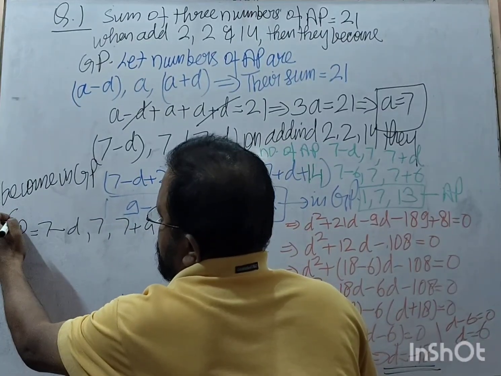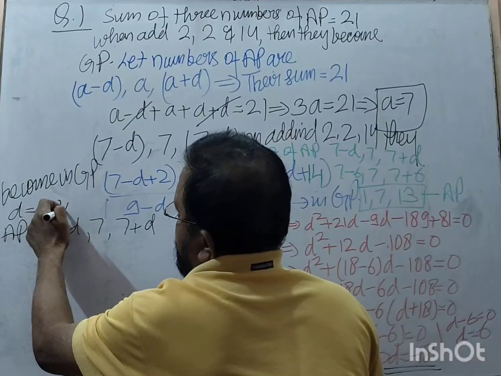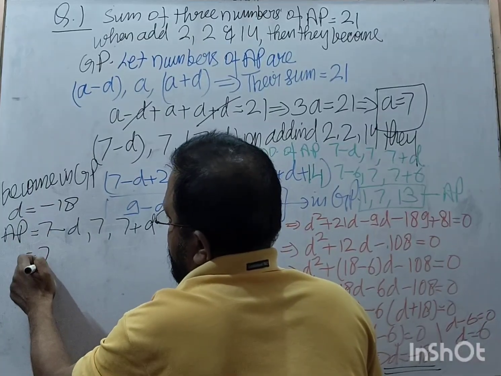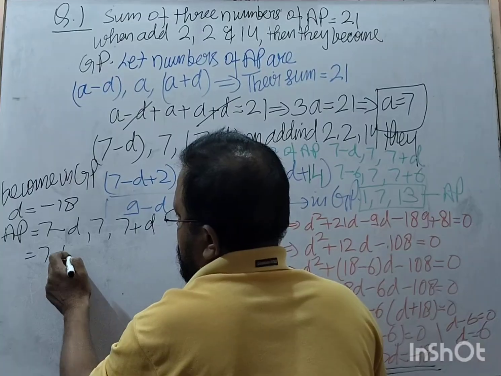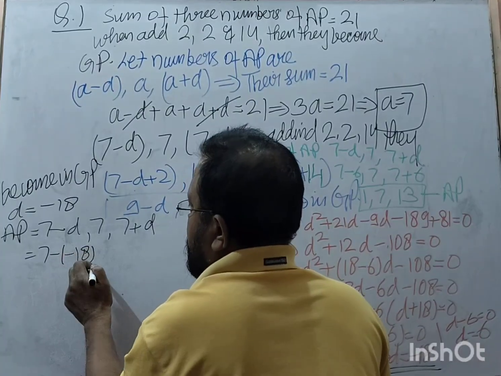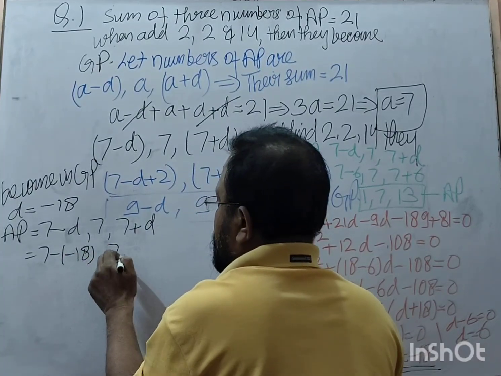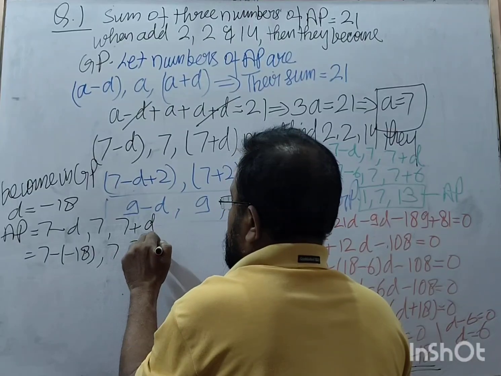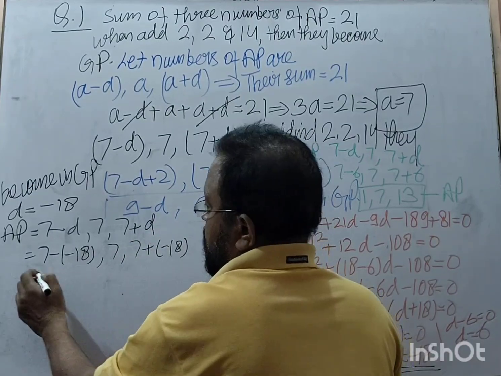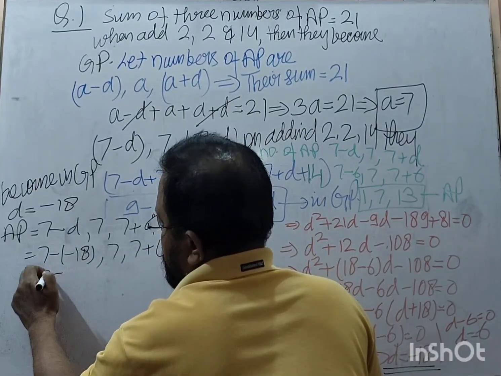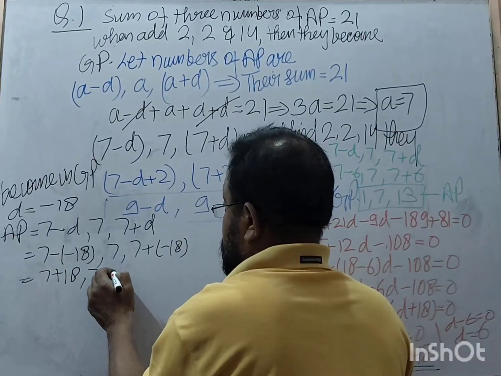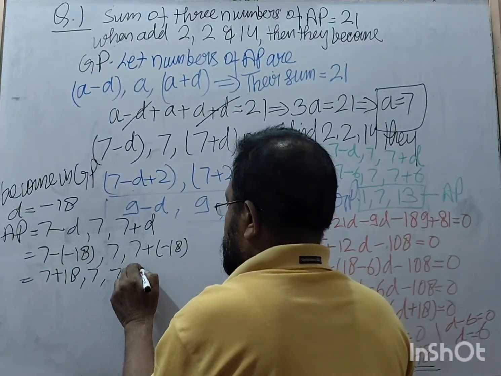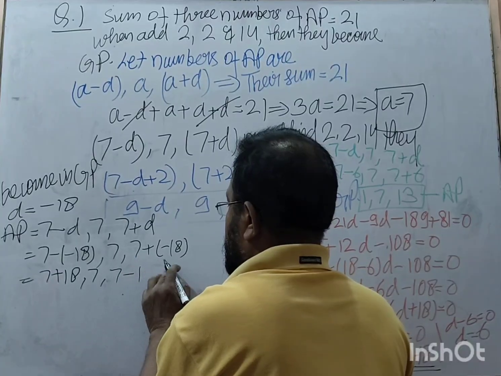When d becomes minus 18, you get 7 plus 18, 7, 7 minus 18.